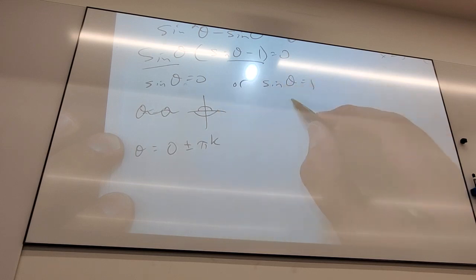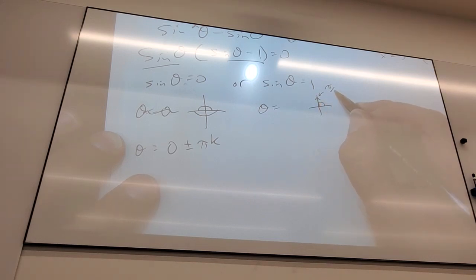And where's sine theta equal to 1? There's only one place in the basic stuff, right? Which is what angle? North. Pi over 2.